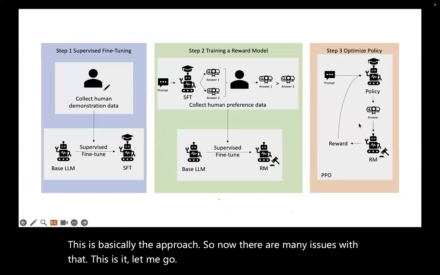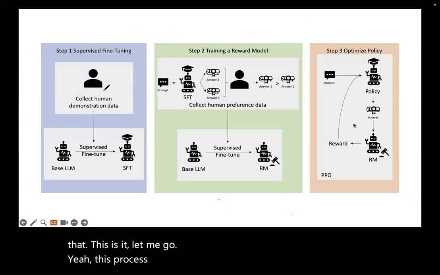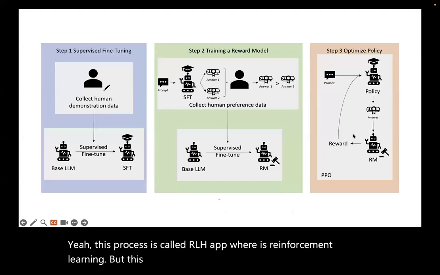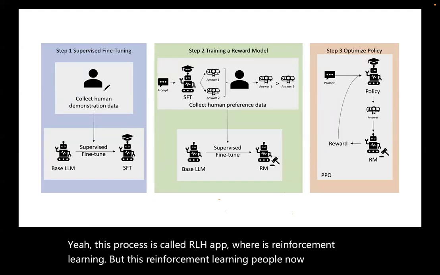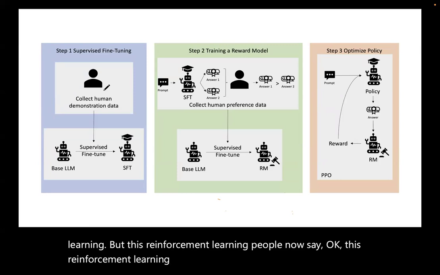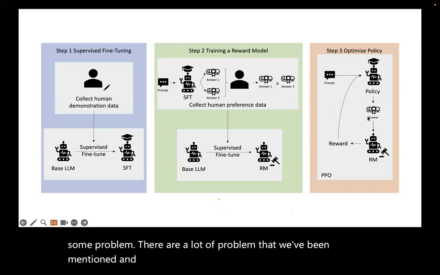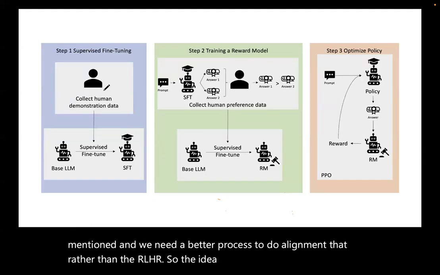This process is called RLHF. We use reinforcement learning, but people now say this approach has some issues and some problems. There are a lot of problems that we may mention, and we need a better process to do alignment than RLHF.